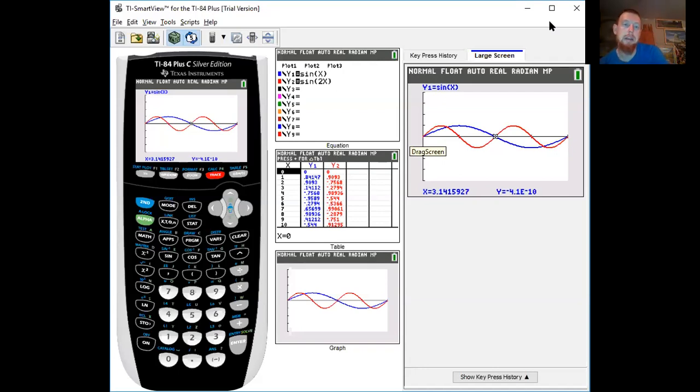So what that means is our period got smaller. How long it takes to get through one cycle got smaller. We got to the minimum faster. We got back to where we started in half the time as we did in the parent function. Then we hit the minimum faster. So we got through one period in exactly half the time that it took for the parent function.